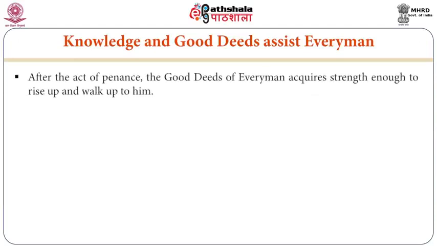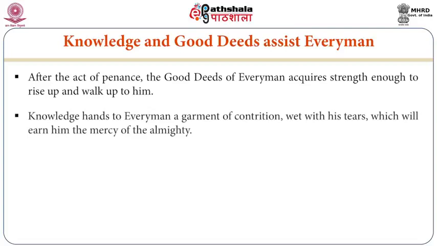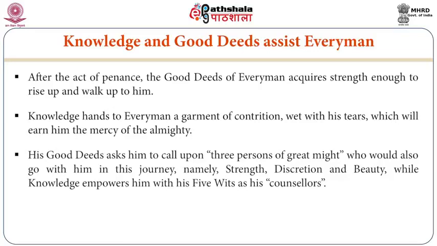After the act of penance, the Good Deeds of Everyman acquire strength enough to rise up and walk up to him. Knowledge hands to Everyman a garment of contrition, wet with his tears, which will earn him the mercy of the Almighty.